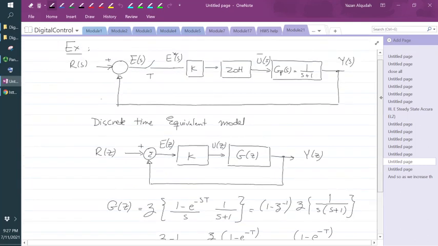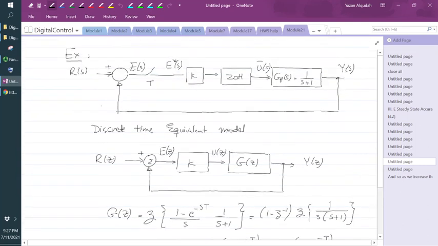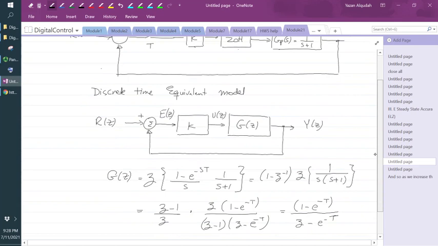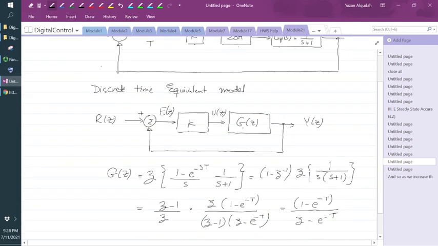Let's do an example. In this example, we have a system Gp of s equal to 1 over s plus 1, with a zero order hold, and we have a constant K. Therefore, the discrete time equivalent system is going to be K multiplied by g of z, and g of z here includes the zero order hold.